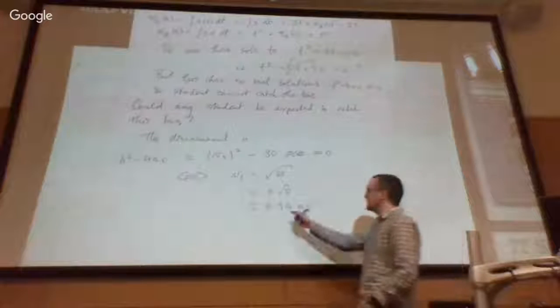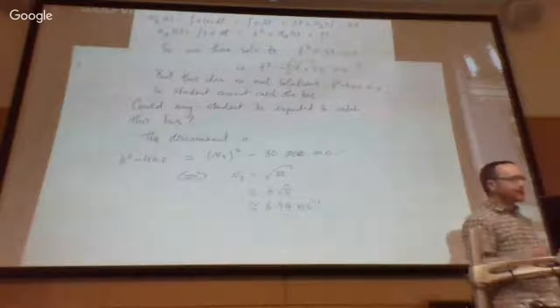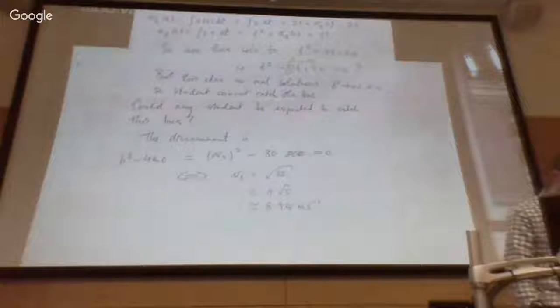So if the student had been running at a velocity of 8.94 meters per second and was able to maintain that, then they might have caught the bus.